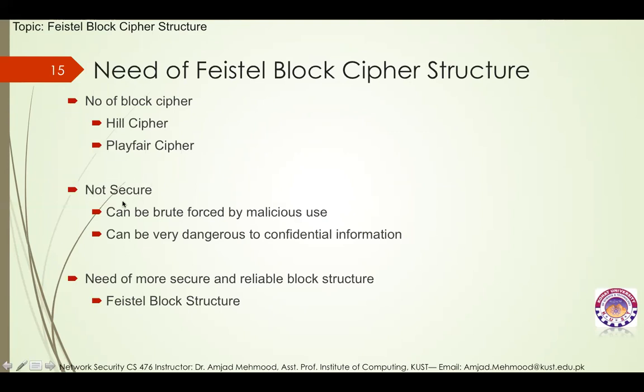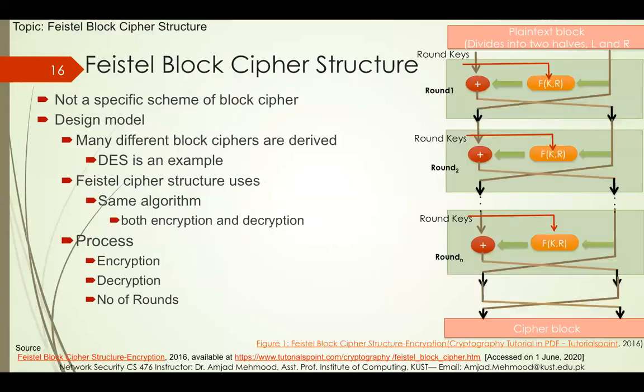The existing block ciphers like Hill cipher and Playfair cipher are not secure and can be brute forced by a malicious user to get your confidential information, which is very dangerous. So we need a more secure and reliable block structure. The Feistel block cipher structure is normally used to create a more secure and reliable structure.